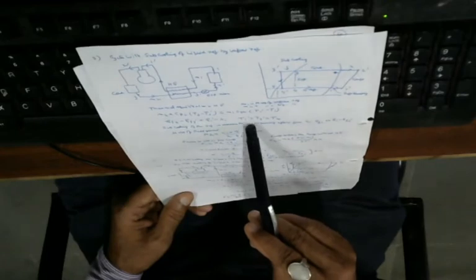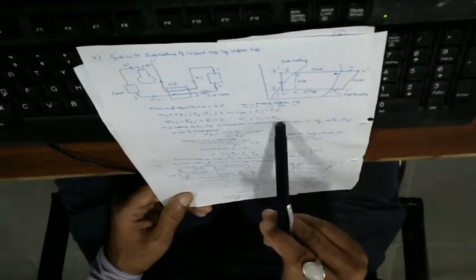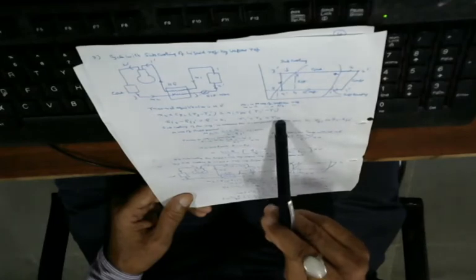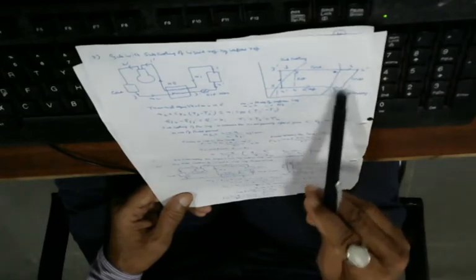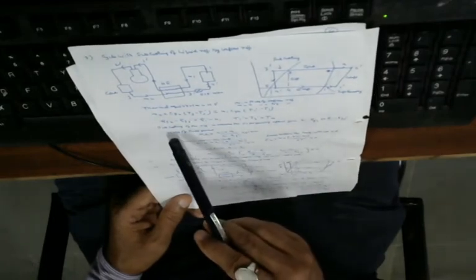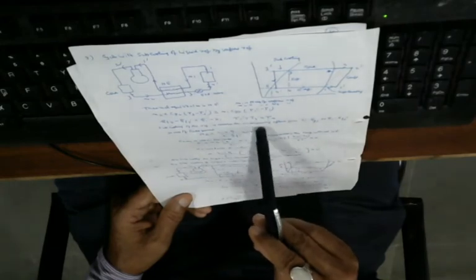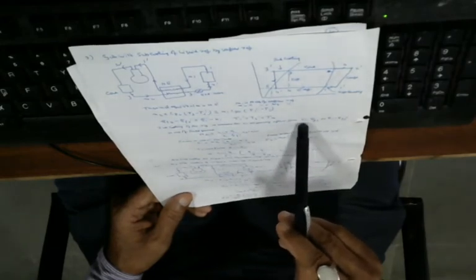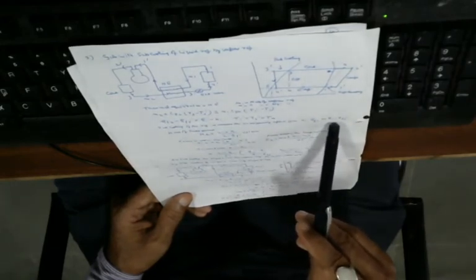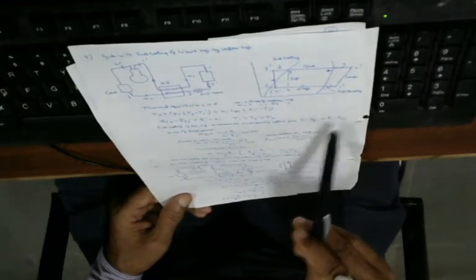Now suppose T1 dash is equal to T3 dash is equal to Tm, then the outlet temperatures here and here are almost the same. Then subcooling of the refrigerant increases the refrigerating effect from h1 minus hf3 to h1 minus hf3 dash.